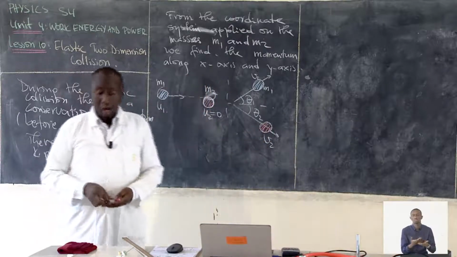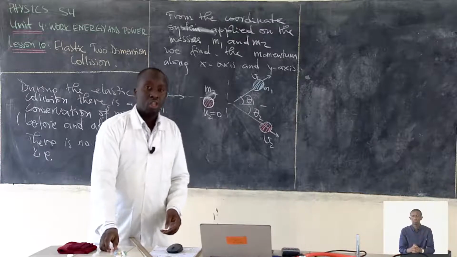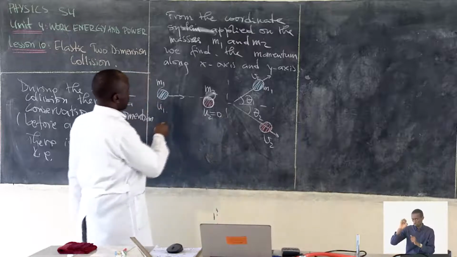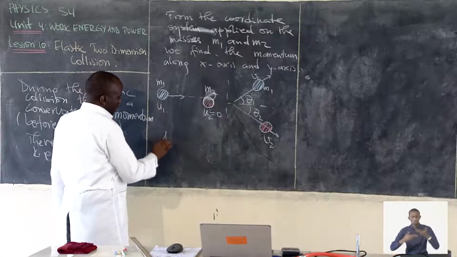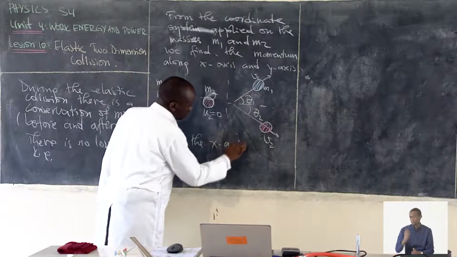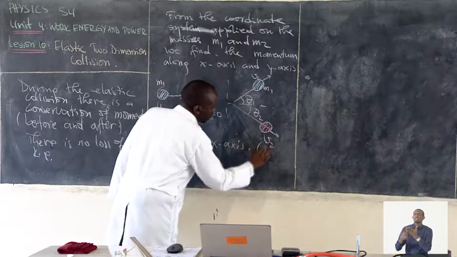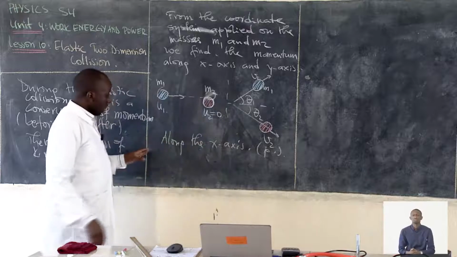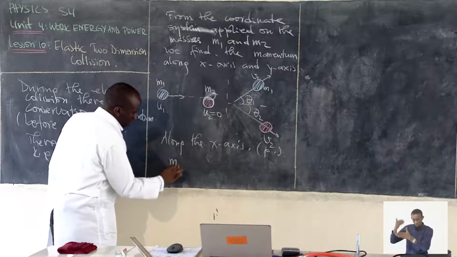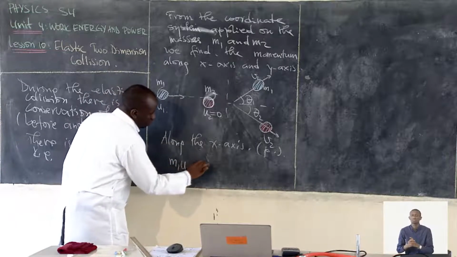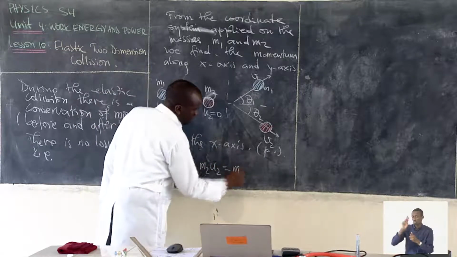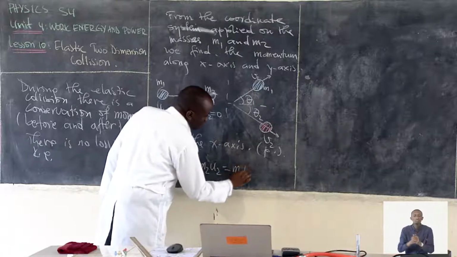Now, students, as we have said, there is a conservation law of linear momentum along each of these axes. Let's discuss this along the x-axis. What do we have as the linear momentum? Before collision, we have M1 U1 plus M2 U2, and this should be equal to the momentum after collision.